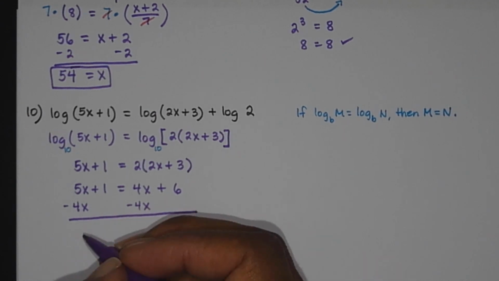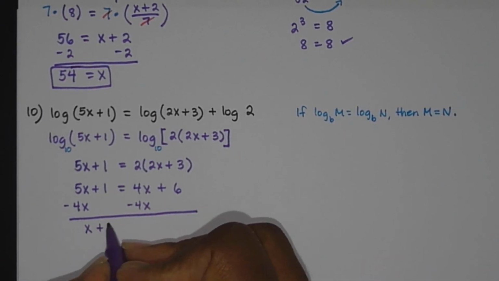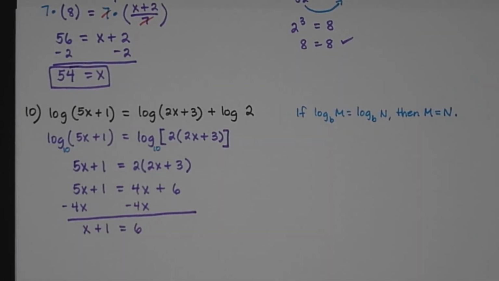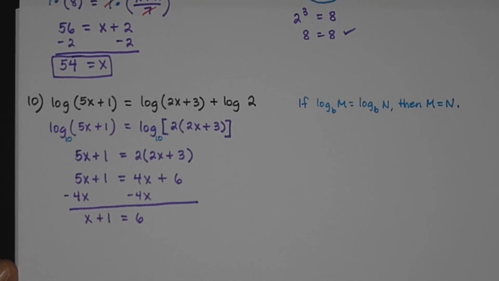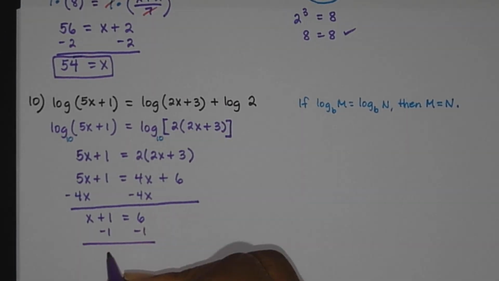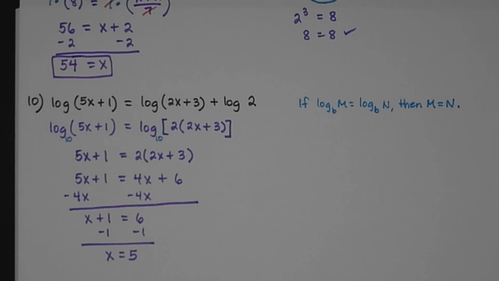So 5x minus 4x will be just x, and then plus 1 is equal to 6. So I have x plus 1 is equal to 6. And then to get x by itself, I need to subtract 1. So my proposed solution will be x is equal to 5.